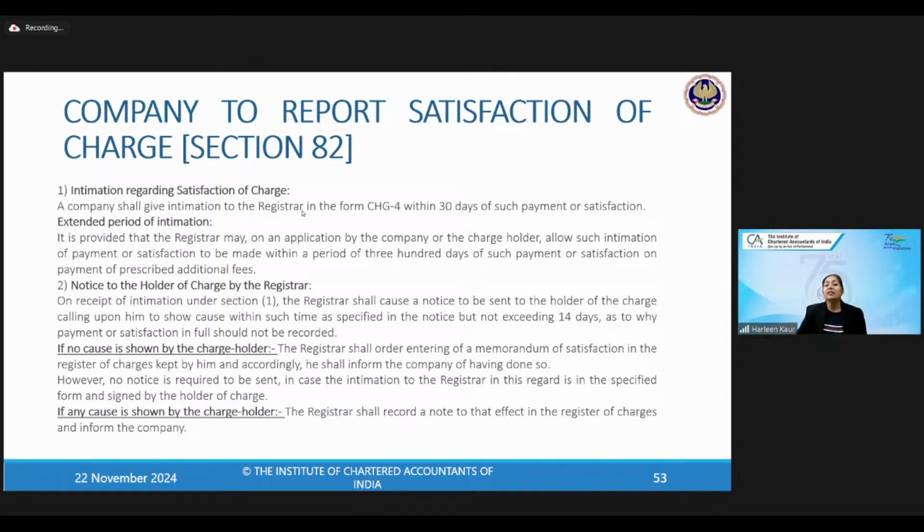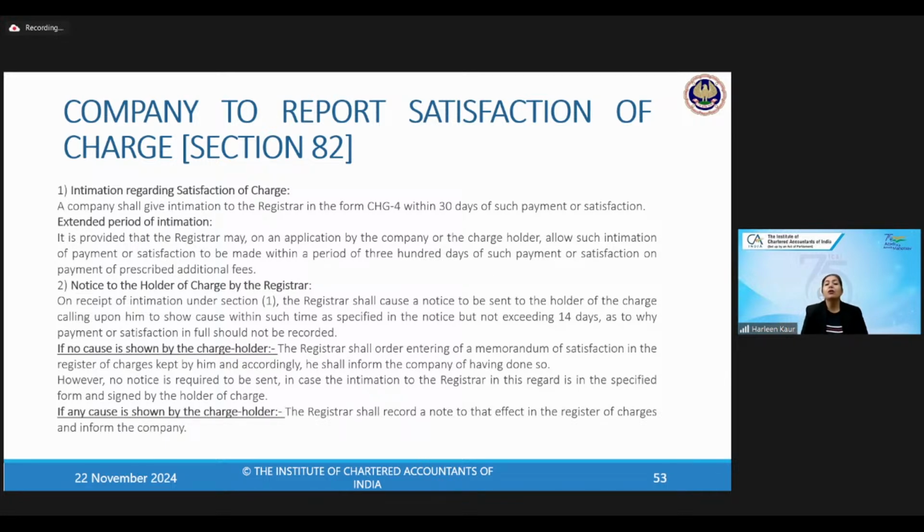A company gives an intimation to the registrar in form number CHG4 within 30 days. So if I have repaid and got the security free on 4th July 2023, then within 30 days from 4th July 2023, I need to file with the registrar an intimation that now this charge is free, this property is free from any charge.